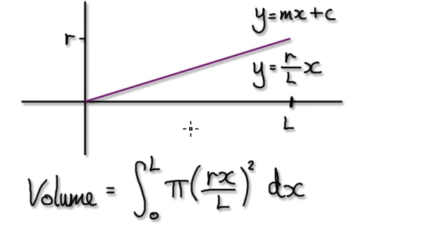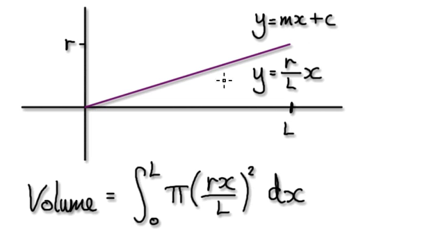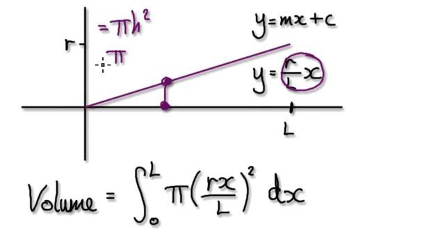But then the height is given by this thing here. So when we do pi h squared, this thing goes into the h, so it will be pi times (r over capital L times x) all squared. That's this bit here.